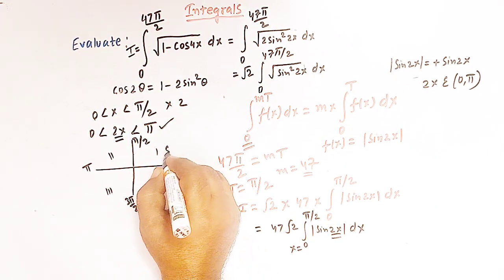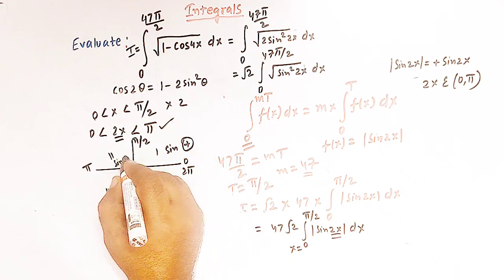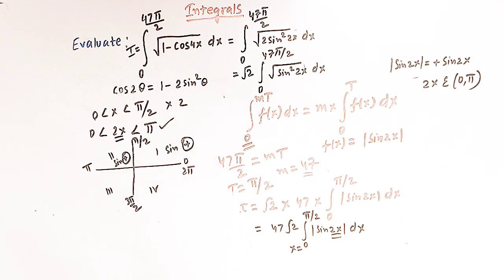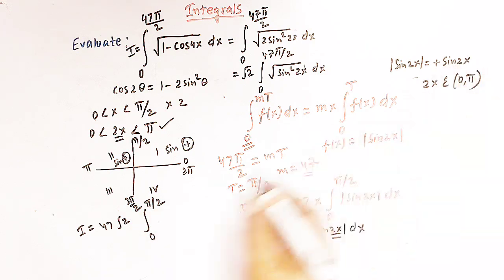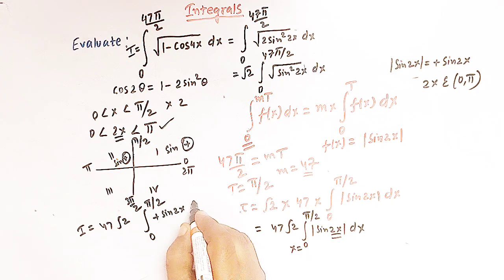So now this integral I takes the form 47 root 2, integral from 0 to pi by 2, and mod of sine 2x is given by positive sine 2x dx.